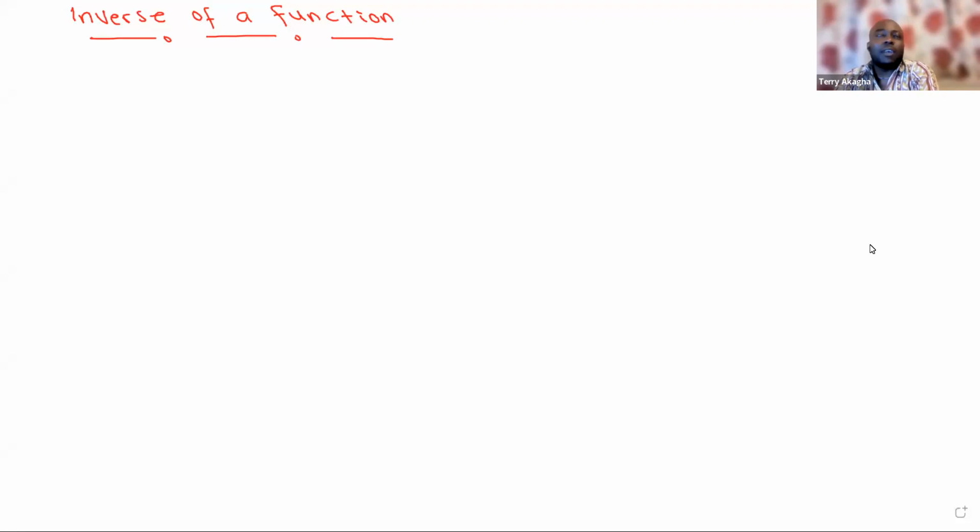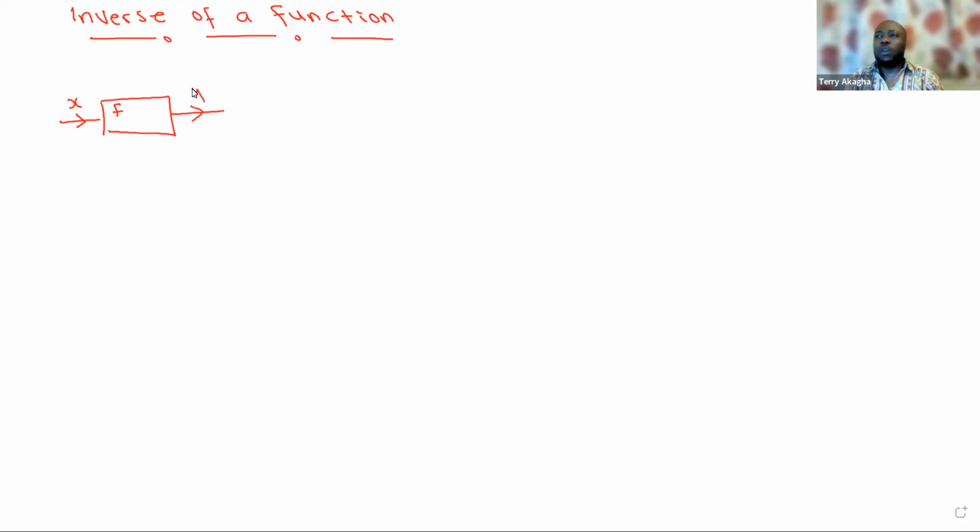Basically, remember we talked about the pictorial representation of a function. For instance, I told you that when you have an x, it goes through the function and it now gives you the y. Is that making sense?